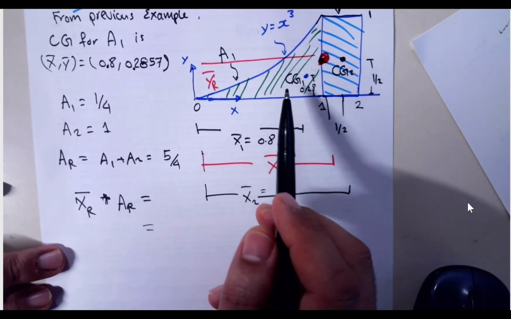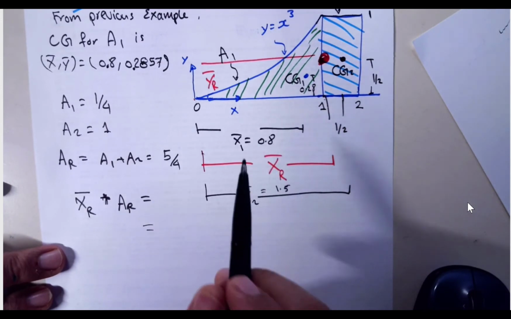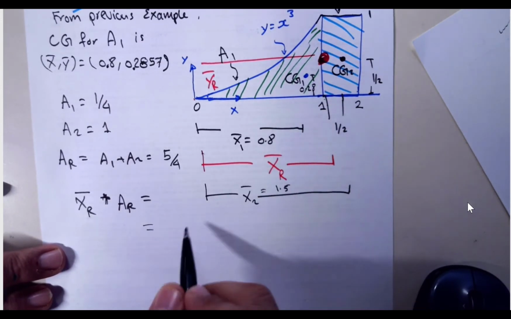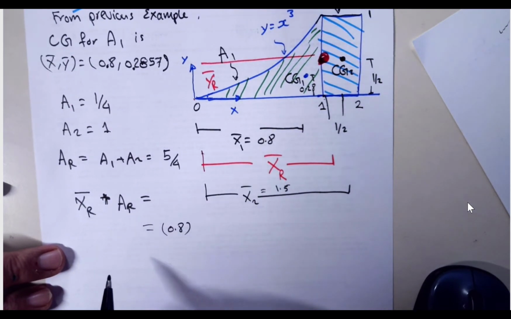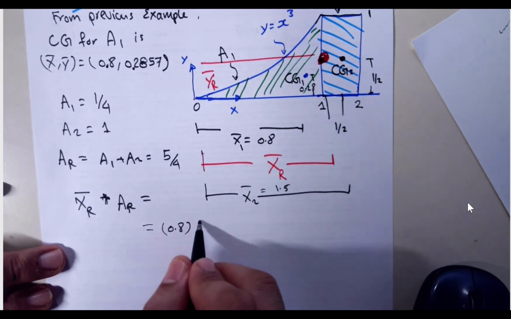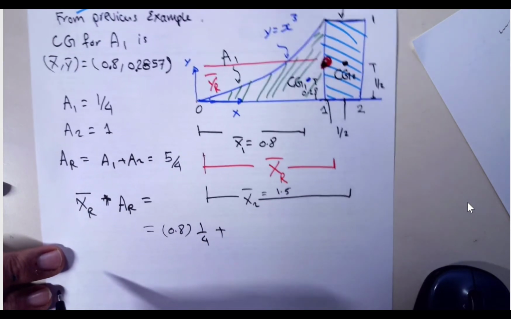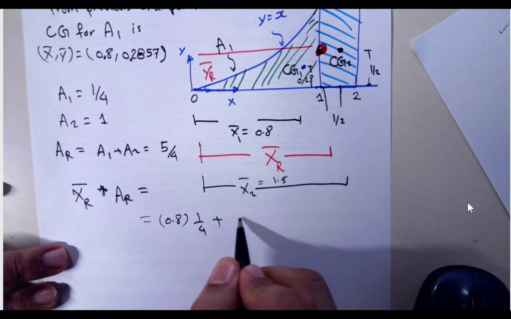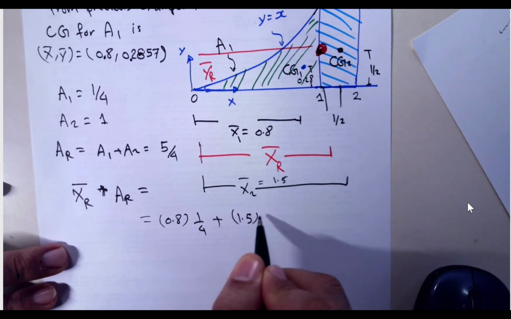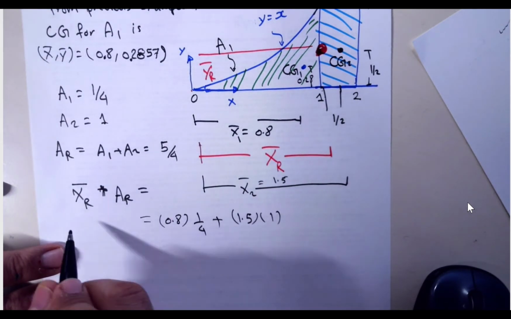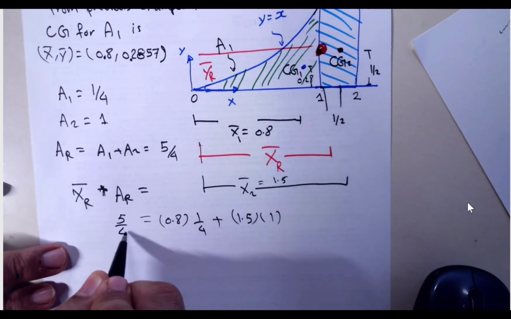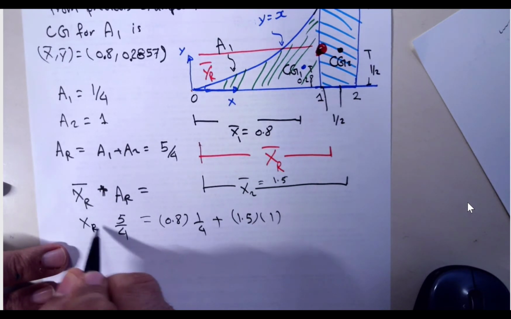And that is equal to, I'm going to write it down here. So the moment of the area, first one, which is 0.8 multiplied by its area, and its area was 1 over 4, plus 1.5 multiplied by its area, which is 1, and that's equal to the total area 5 over 4 times xr prime.